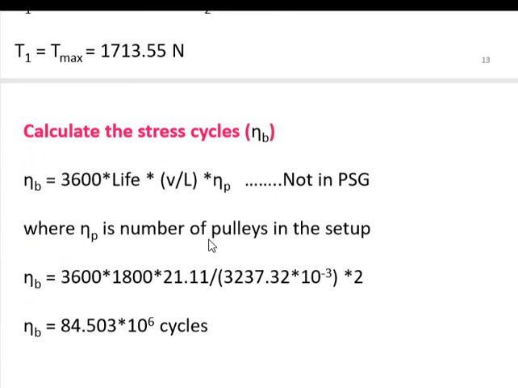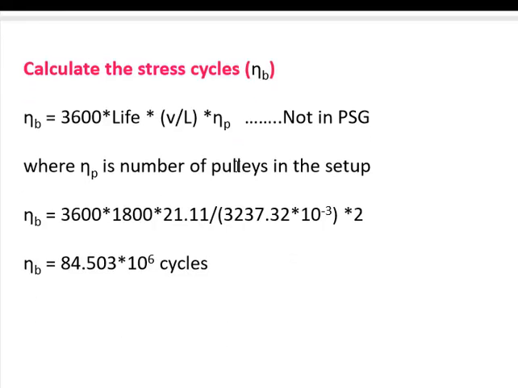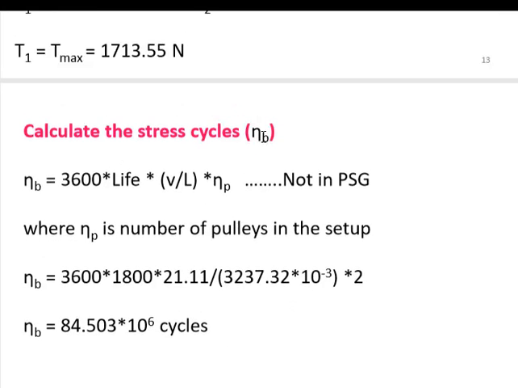Now, we'll calculate the stress cycles. To calculate the stress cycle, which is represented by eta b, we need some parameters. Life of the belt is something given in the question, which is expected to be 1800 hours. V is known to us, length we have calculated.